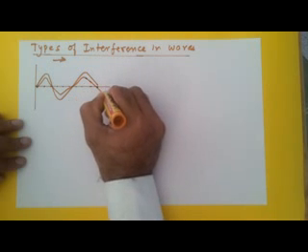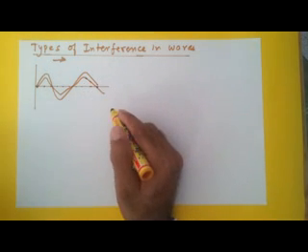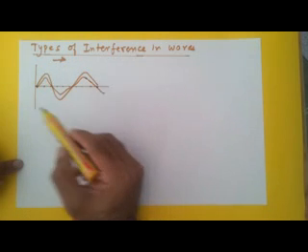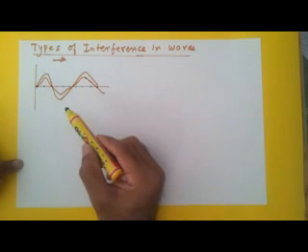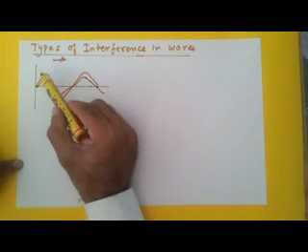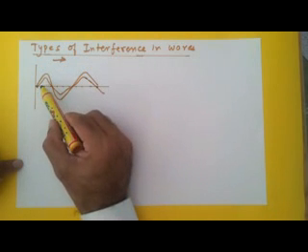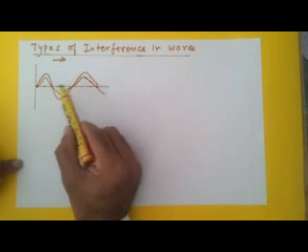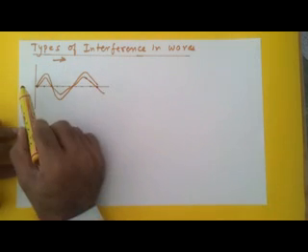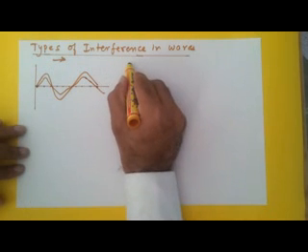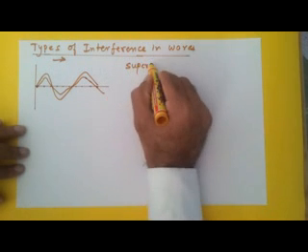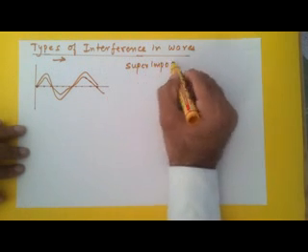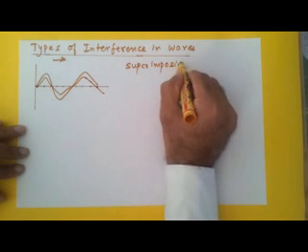So now there are two waves in the medium, meaning that a given particle is affected by two waves. That means there is a force acting on a particle because of two waves. This phenomenon of two waves passing through the medium simultaneously is known as superimposition. These two waves are superimposing onto each other.